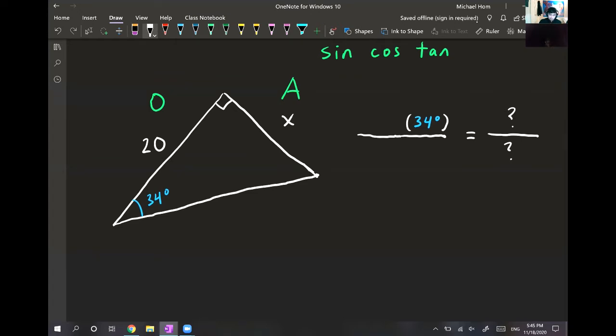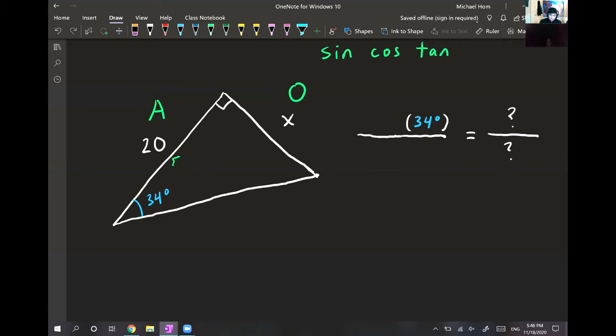So, wait a minute. Switch it. They switched? Yep. Good catch. So this is the opposite, this is the adjacent. Can you explain why this is the opposite and this is the adjacent?